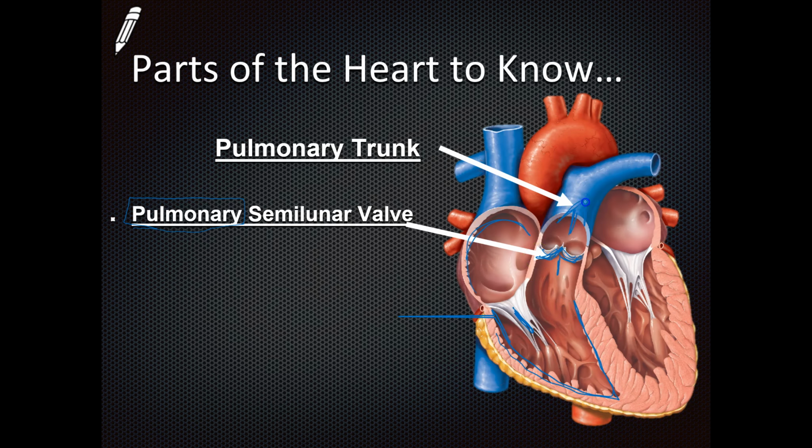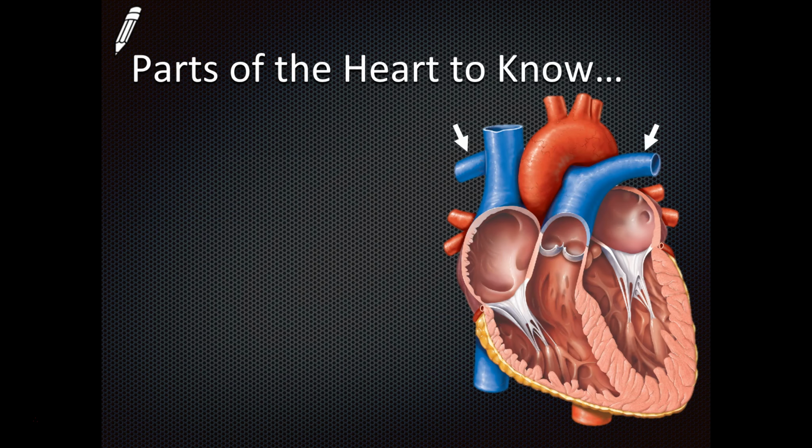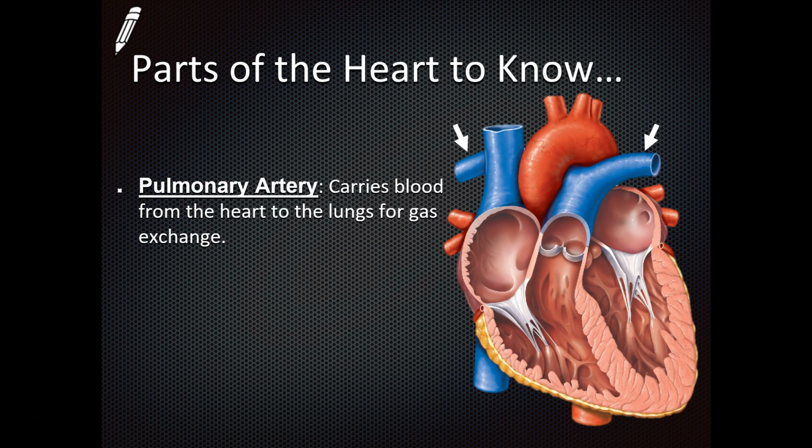This is the pulmonary trunk. Later, that pulmonary trunk branches off into two vessels going away from the heart. Since they're going away, they're classified as arteries, and they're carrying deoxygenated blood, however. The pulmonary arteries carry blood away from the heart to the lungs.